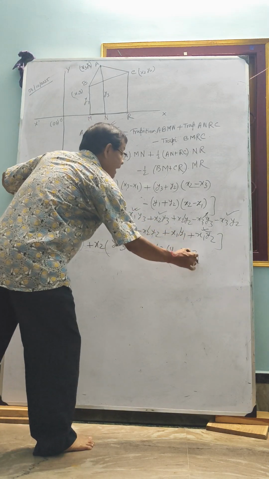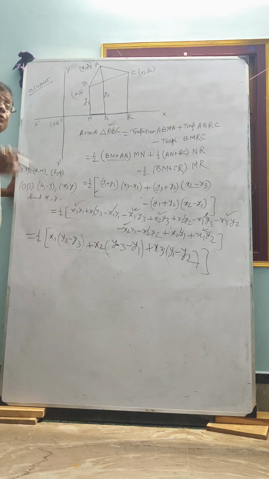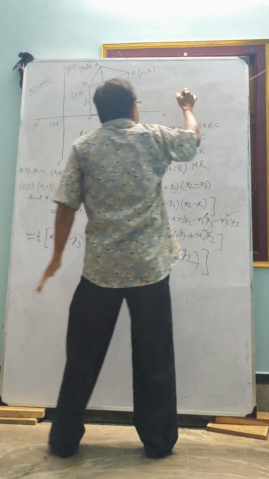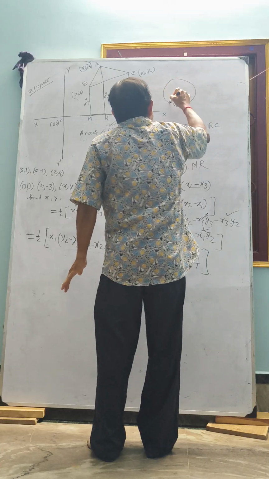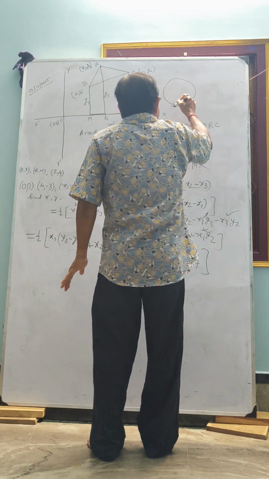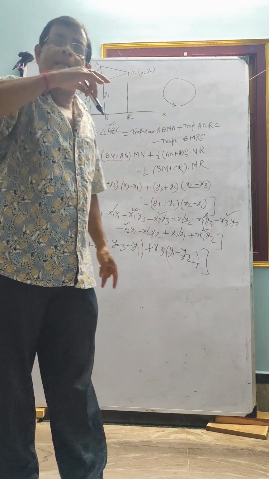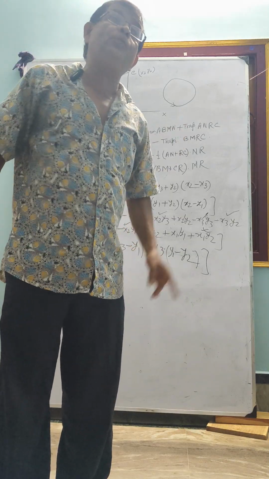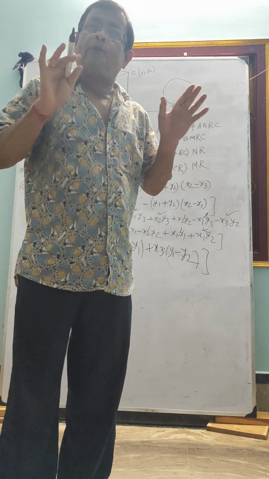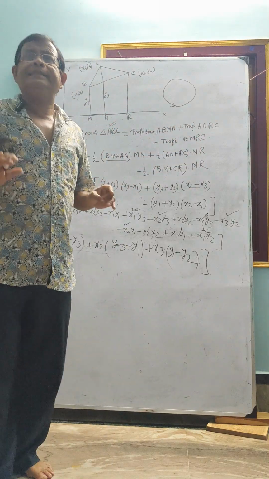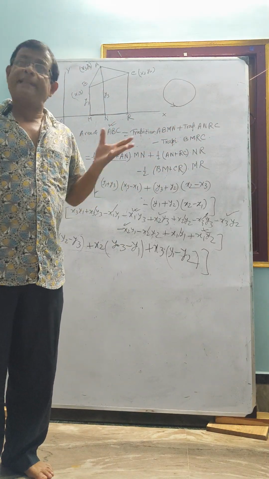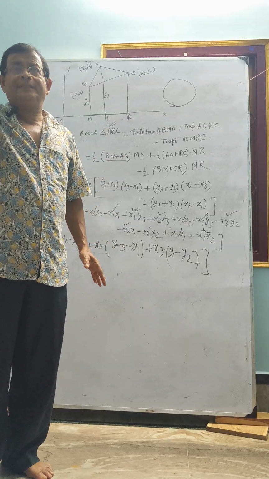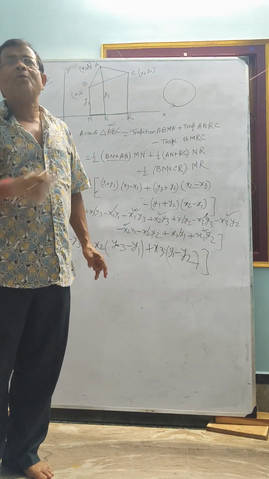Now, if we consider the points in the anticlockwise direction, then the area of the triangle will be positive. When after calculation the area of the triangle is negative, then obviously the points are considered in the clockwise direction.